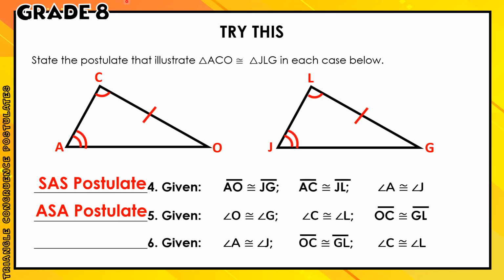Two angles ang given and may side. It's the opposite side, meaning to say our answer will be the SAA theorem kasi wala sa gitna yung side na given. So that's all about the triangle congruence postulate.